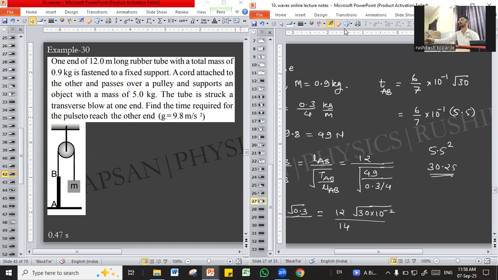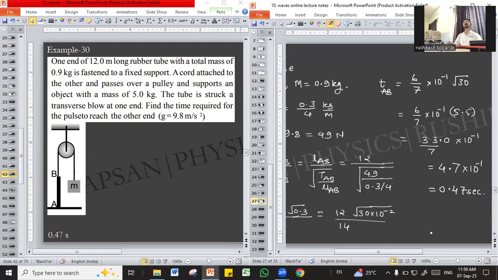So do this calculation and tell me the answer. 5.5 into 6, so it will be 33 upon 7. So what is 33 by 7? 28, then we have 5. 7 into 7, 49. So do we get this 0.47?